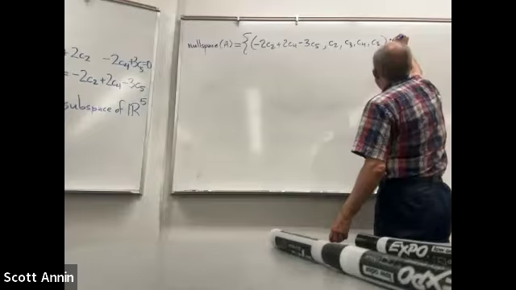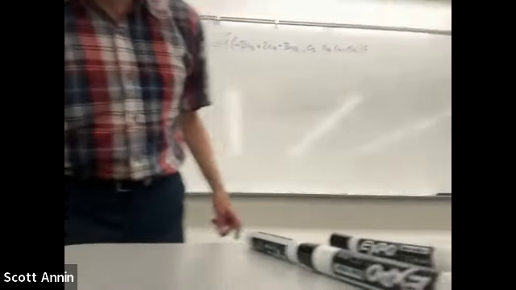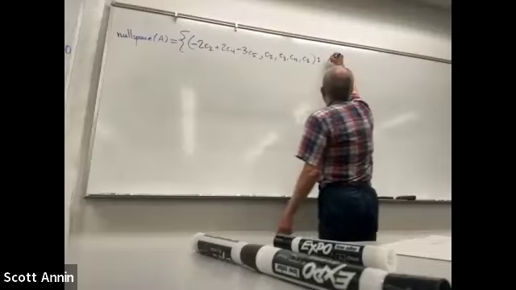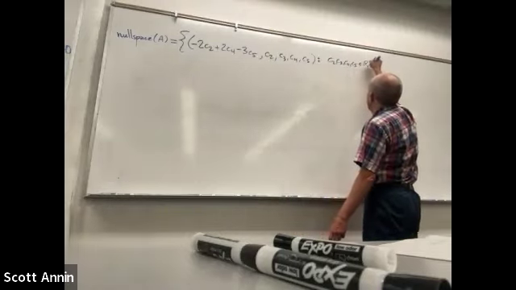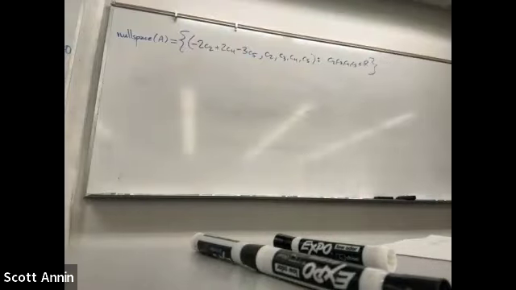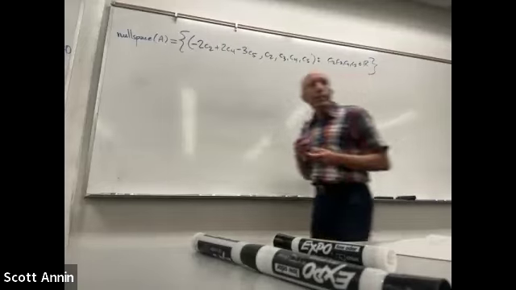And this would just be such that, and then we just have to point out that C2, C3, C4, and C5, those are real numbers. Okay, so that's what the null space is. So how am I going to get a basis for it?